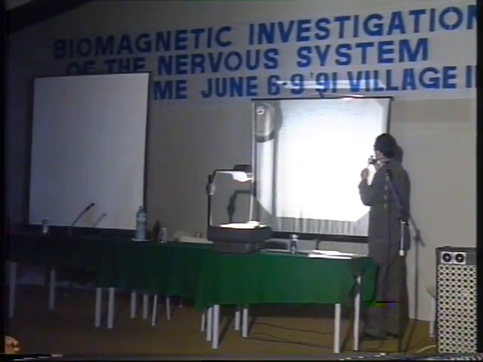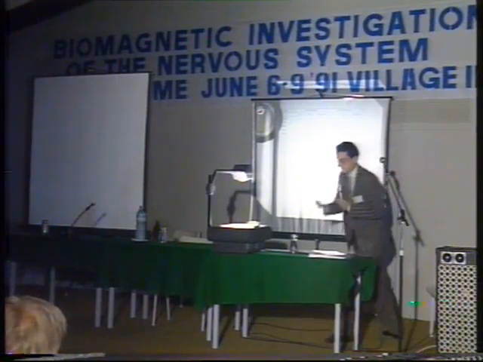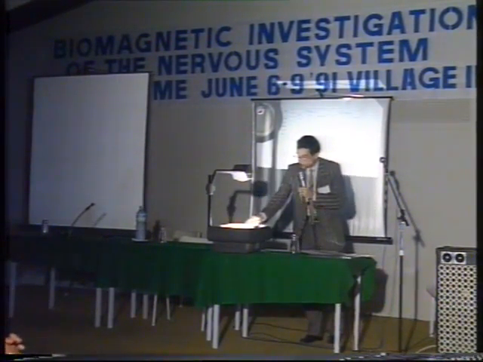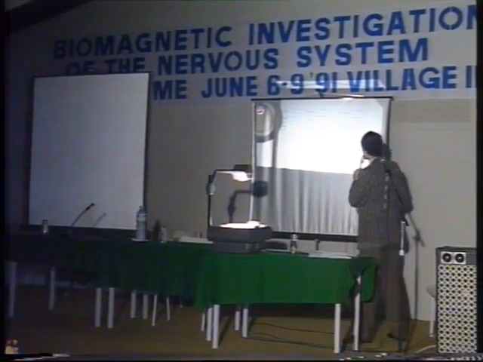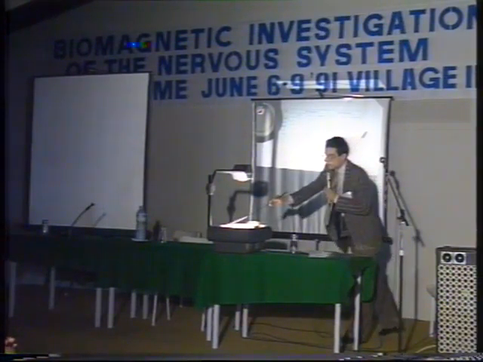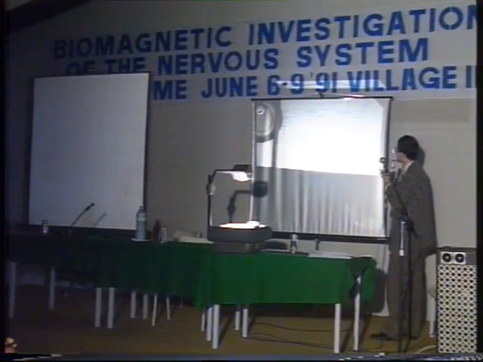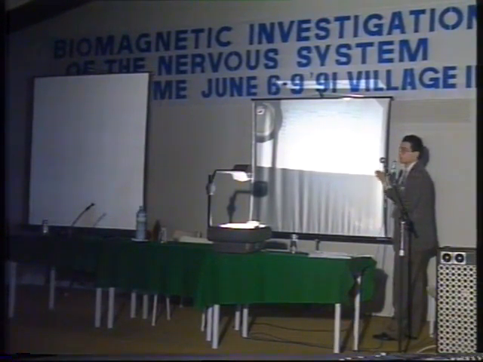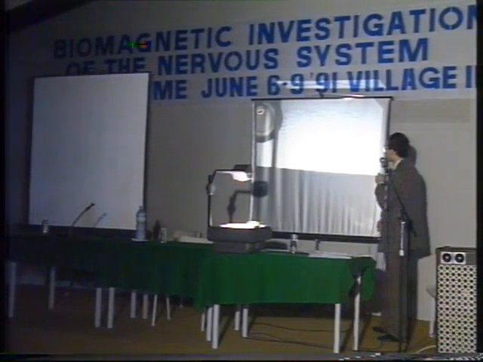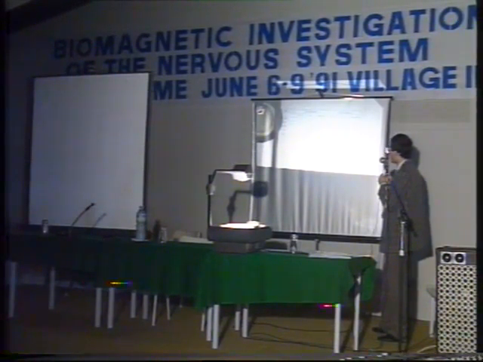So this is just a table to summarize what I have from normal subjects. These two were left-handed, and it seems that there is no difference between left-hand and right-hand subjects. Of course, we have only two, but we will increase the number.